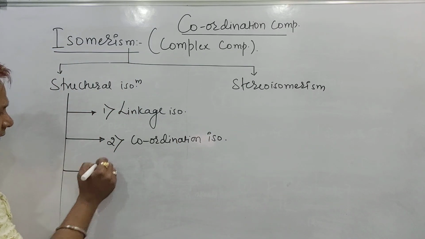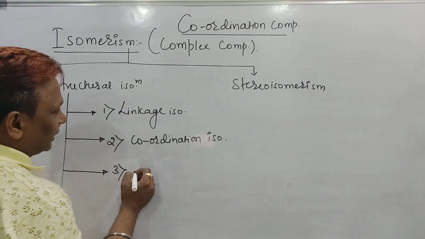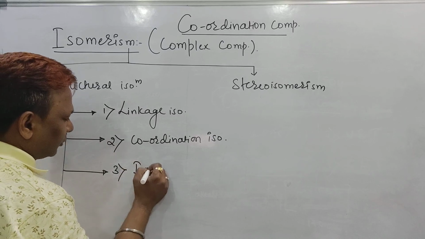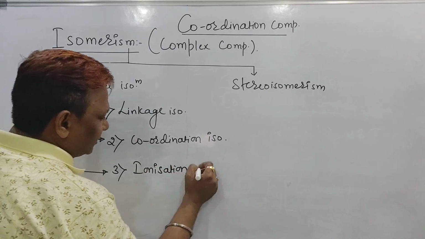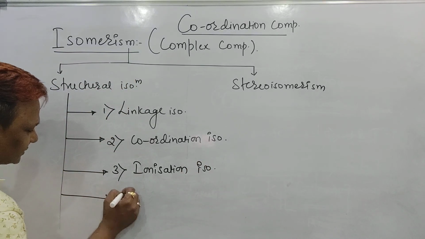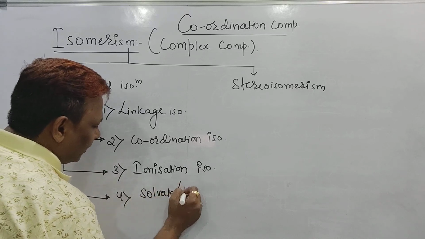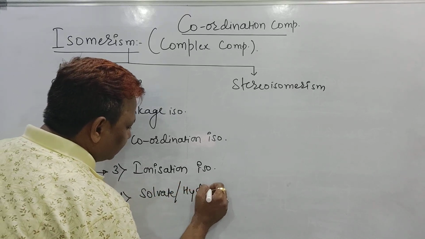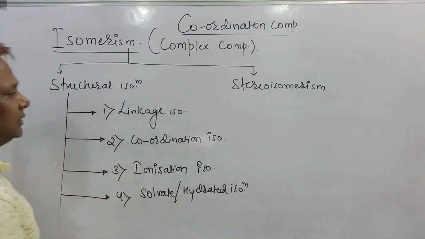The third one, according to NCERT, will be called ionization isomerism. And the last one, NCERT says, will be called solvate or hydrated isomerism. These are the parts, according to NCERT.